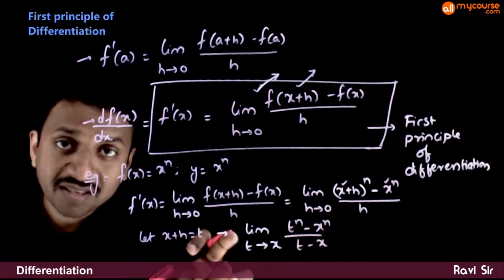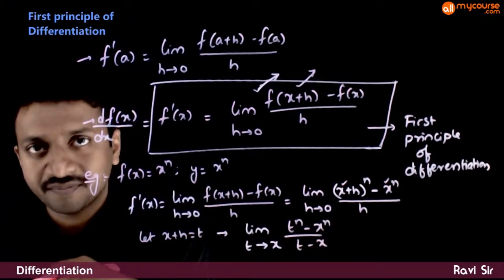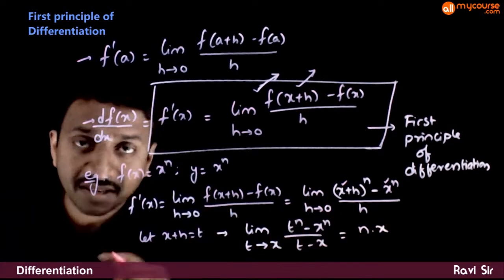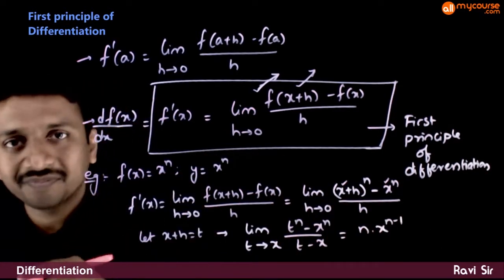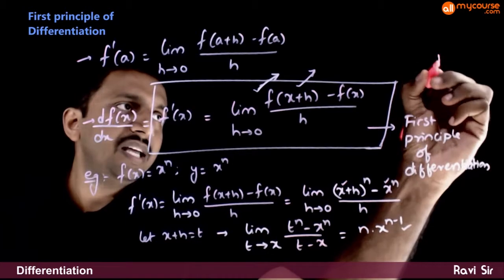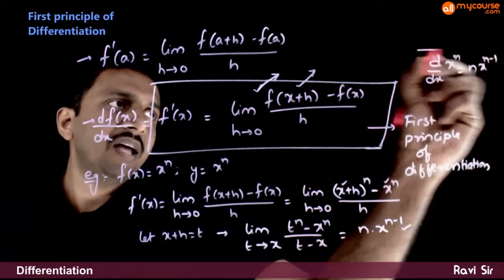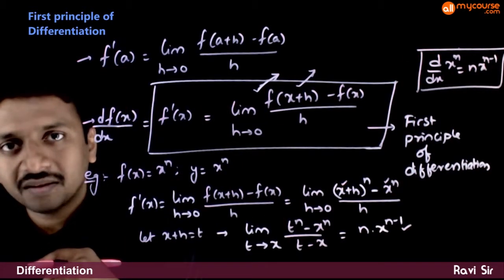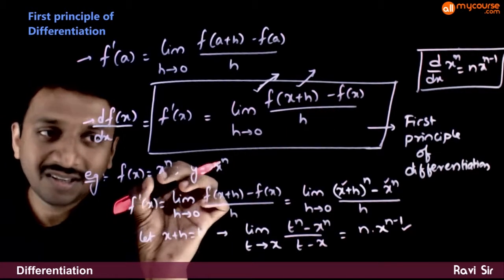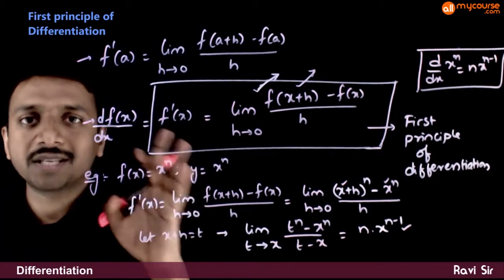So this looks like the standard limit, limit x tends to a, x power n minus a power n by x minus a. So what is the value of this limit? n times a, the constant x here, power n minus 1. So this is the differentiation of this function. So d by dx of x to the power n is equal to n times x power n minus 1. So this is our first derivation of the differentiation of some standard function. So x power n's differentiation is n into x power n minus 1.